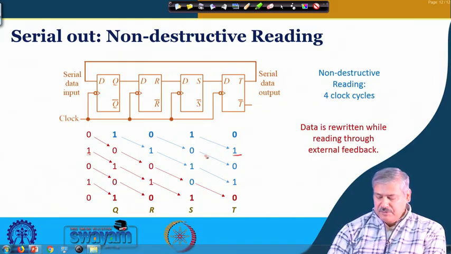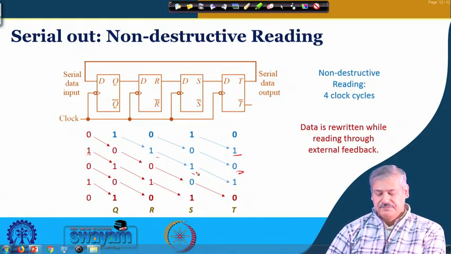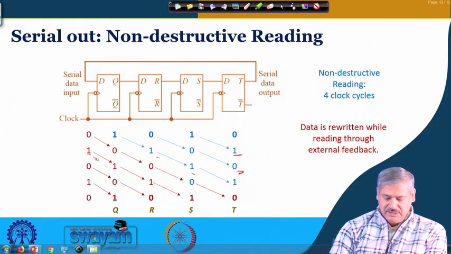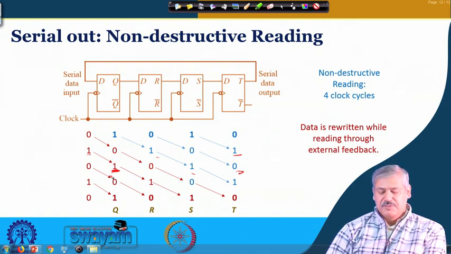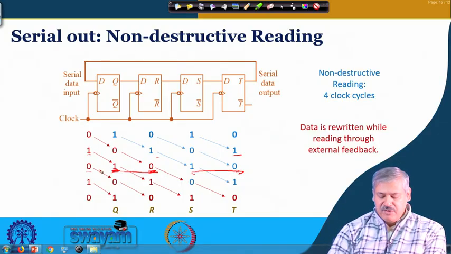So, this 0 will be pushed here, this 1 will be pushed here, right, and then this 1 comes to this place at Q, and R gets the 0. Okay. So, right now this is 1 0 of the previous one and this is 1 0 which is written back, and this 0 is coming over here.